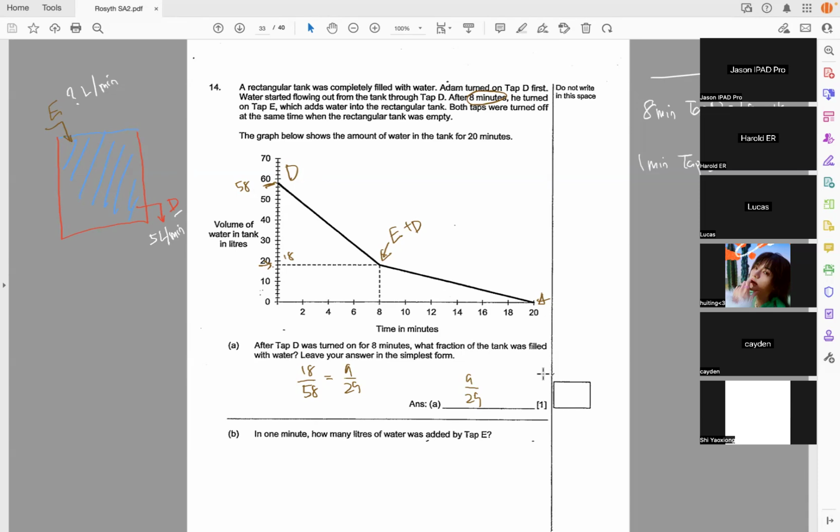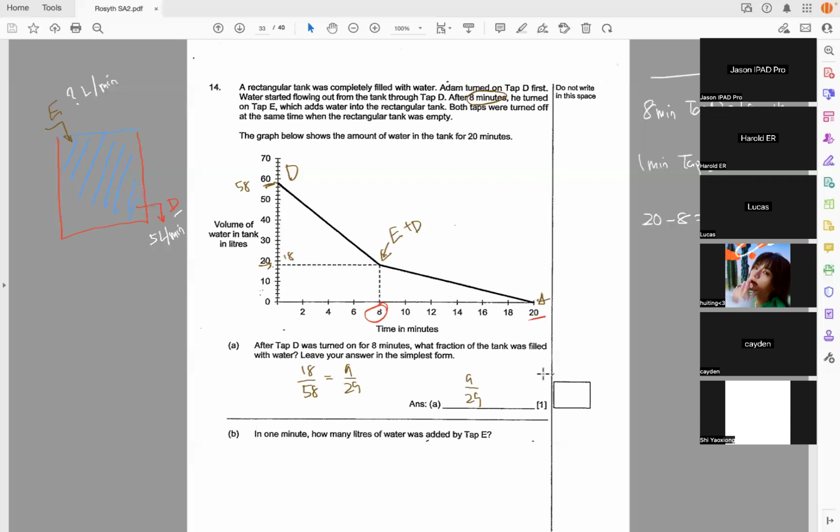Now, let's find out tap E's rate. We know that tap E only starts at 8 minutes, at the 8-minute point, right? And then stops at the 20 minutes. So in other words, tap E has been turned on for how long? 20 minus 8.